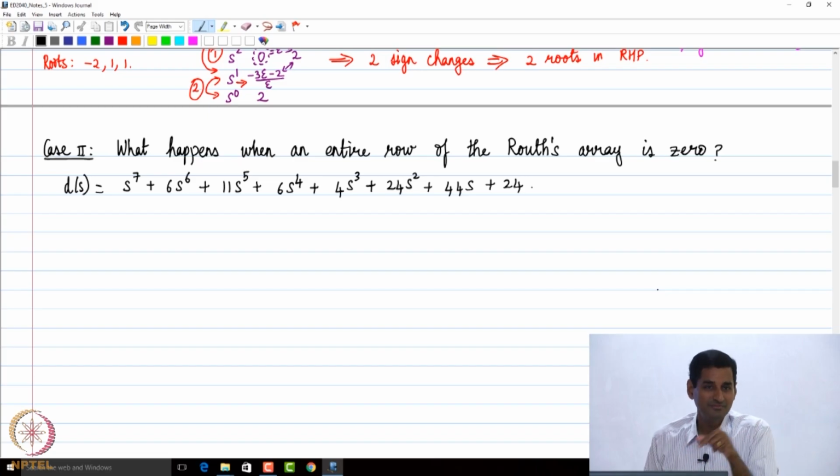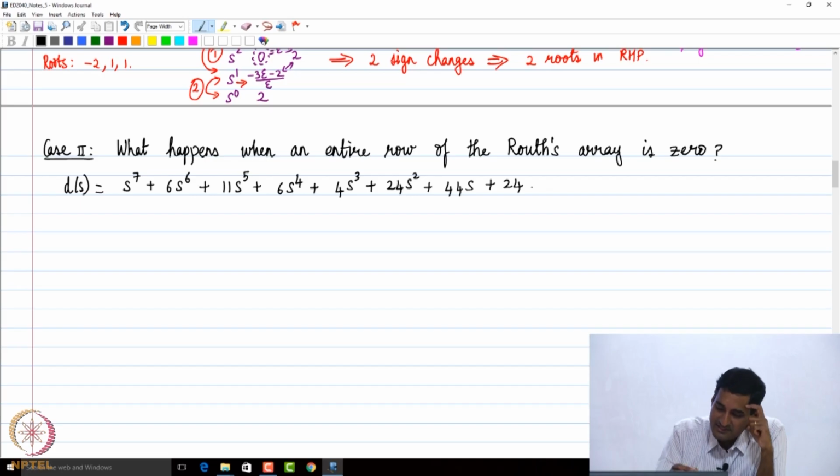Now we see the usefulness of the Routh's criteria for control system design. This course is not about general math; it is about how we apply that mathematics to control design. So, let us construct the Routh's array and see what happens.